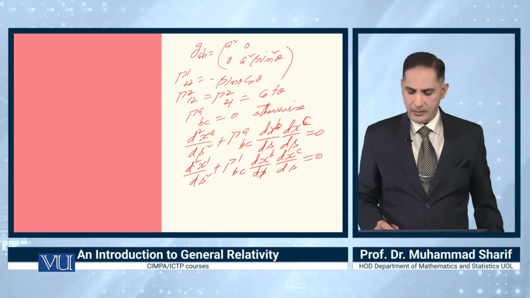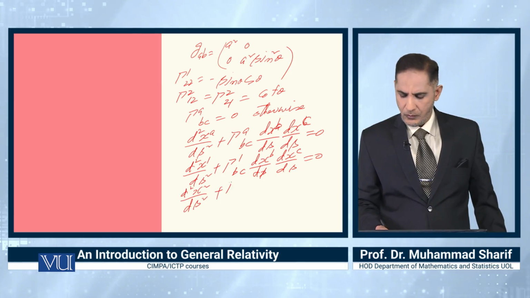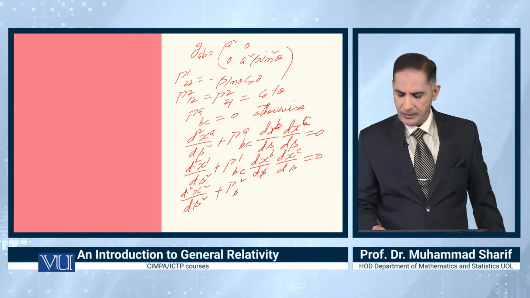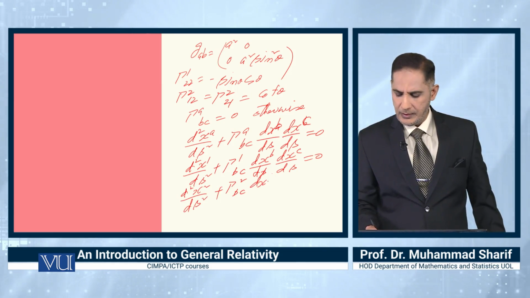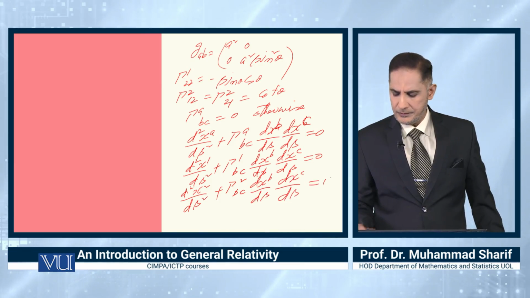And the second one you can write d square x2 ds square plus Γ^2_bc dx^b ds dx^c ds is equal to 0.